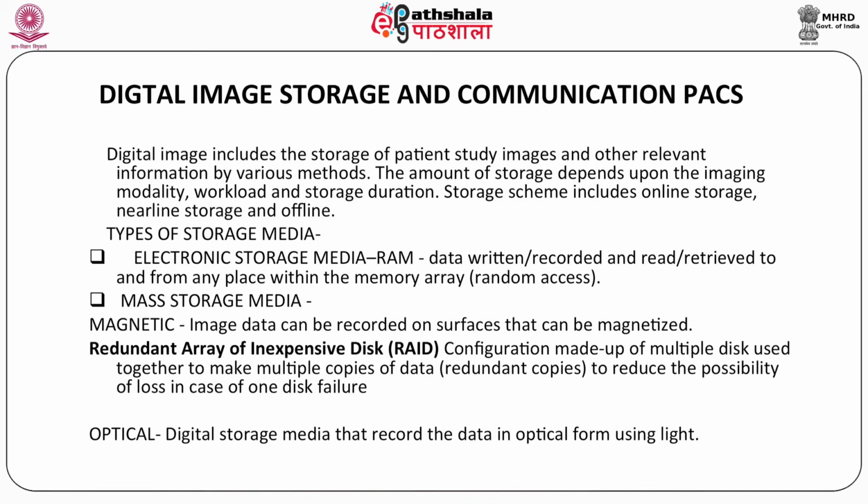Recording and reading are done on a magnetic surface that moves close to a device called a head, referred to as a hard disk, magnetic disk, magnetic tape. The advantage is the ability to write, record and read data very rapidly. Data that is no longer needed can be erased to make space available for new data.